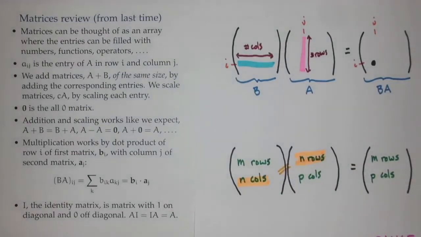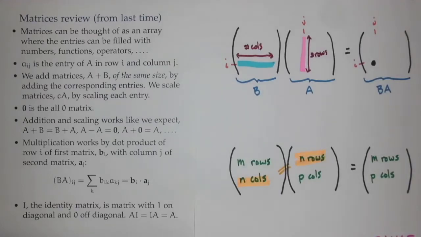It doesn't make sense. But as long as those numbers are the same, it does make sense. And so you can have really exotic looking rectangles. So you can have strange rectangles multiplying together. As long as the number of columns of the first equals the number of rows in the second, life is good. In the output, you'll have the number of rows from the first matrix, number of columns from the second matrix.